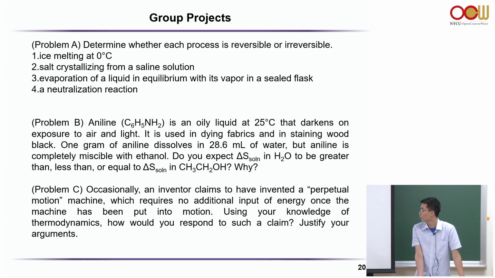How do we make it more efficient? Sometimes people will claim they have a machine that will continue to run endlessly. So think about the laws of thermodynamics. Try to explain that. A perpetual motion machine means once it starts, it will never end. It kind of agrees with Newton's law, right?